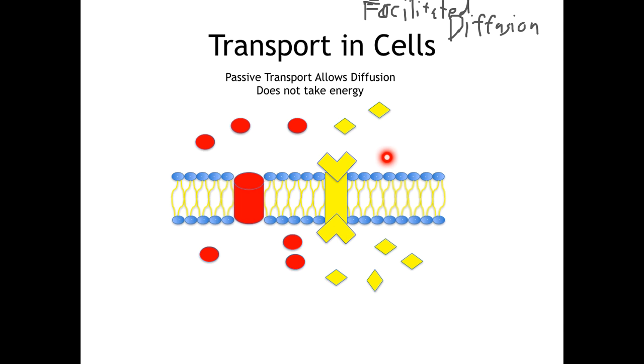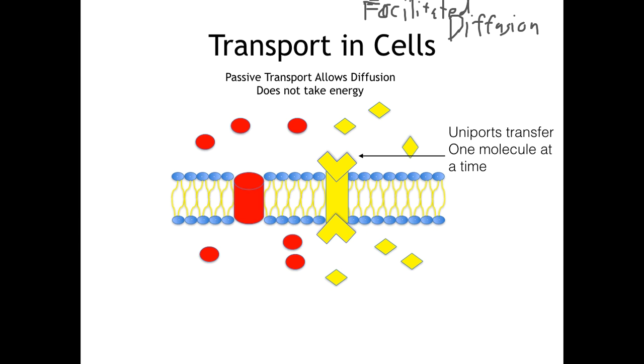That's what this is. Which way do you think the yellow diamonds are going to move across? Remember, it's the type of diffusion. Well, let's see. So here we have, boom, it moves in there, gets shepherded across, and now we have an equal concentration on each side.